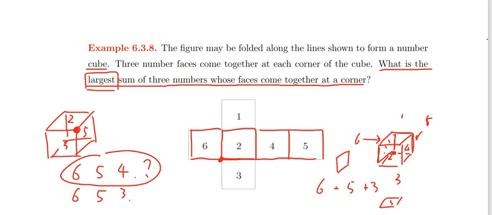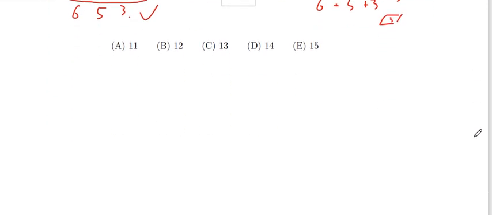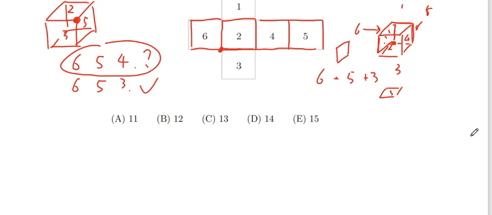So this is the largest. So 6, 4, 5 cannot be together. So the answer should be 14, right? 14.